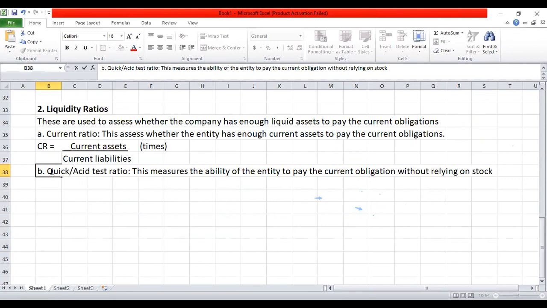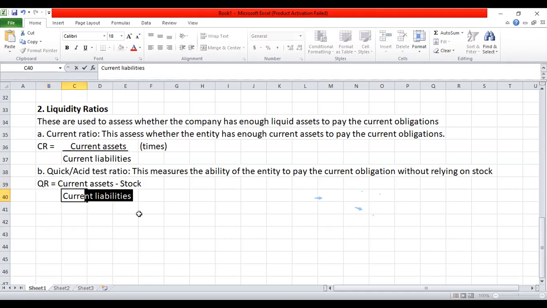So that is our quick ratio, which is equal to current assets minus stock, then divided by current liabilities.